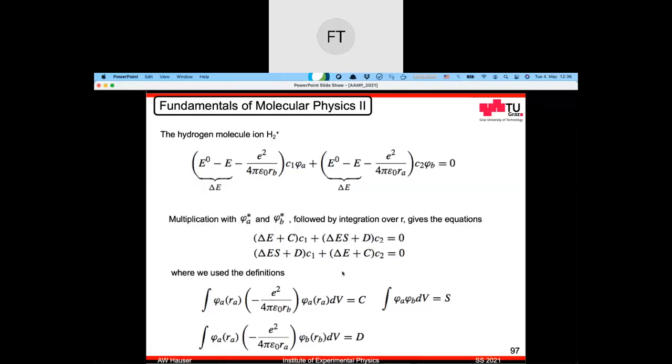So we have these energy differences, delta E, and we have used shortcuts for the integrals that appear here. There are basically two types of integral.